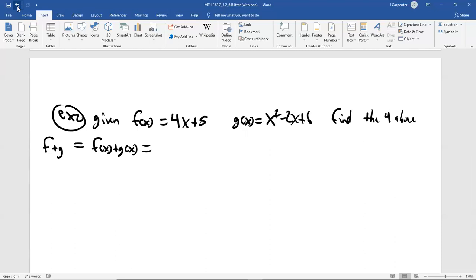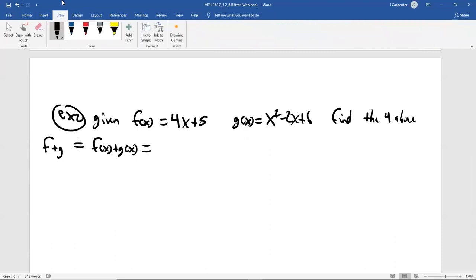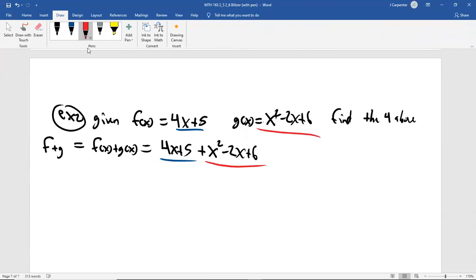So we take the F function, which is 4x plus 5, and then we're going to add the G function, which is x squared minus 2x plus 6. Again, this right here is this right here is this, and then the plus sign between them is still a plus sign between them.